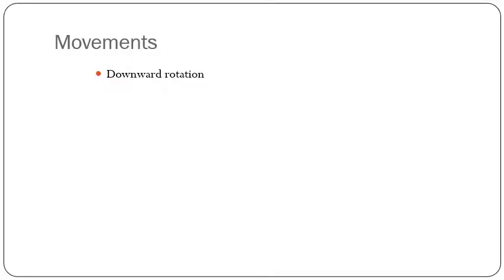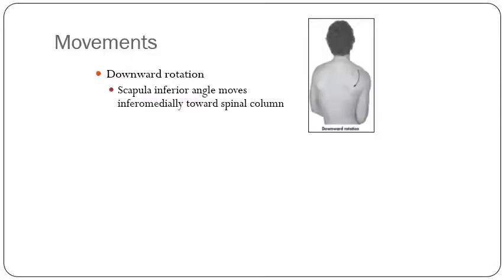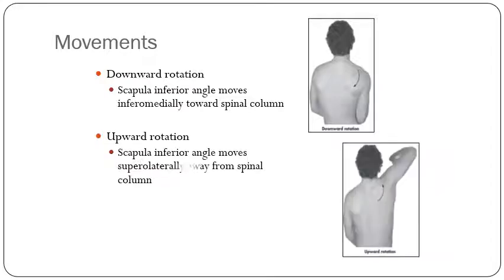You have the movement of downward rotation, and that's when the inferior angle of the scapula moves inferior-medially towards the spinal column. So you can see the movement of downward rotation there. Downward rotation would also occur when you're returning from upward rotation. Upward rotation is when the inferior angle of the scapula moves superior-laterally away from the spinal column.